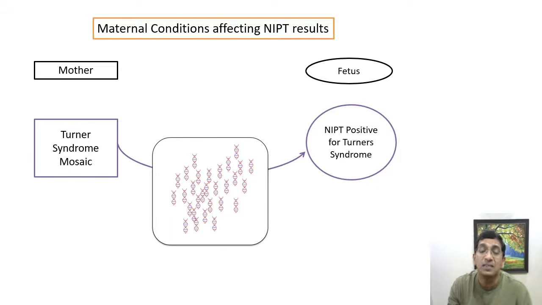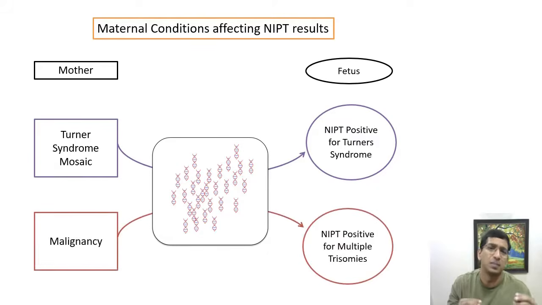The second is if the mother has a malignancy. Now with malignancy, a lot of cells are anaplastic, so they are dividing in abnormal ways, so you will have all sorts of chromosomes being formed and destroyed. These will result in a lot of abnormal DNA being released into the mother's circulation, and if you do NIPT during her pregnancy, you might get a report which shows multiple trisomies.